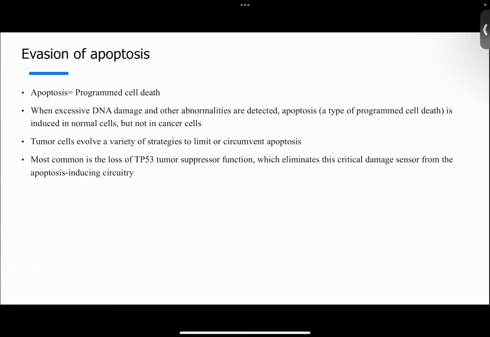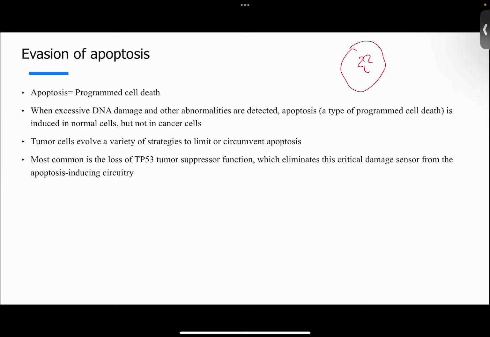Next, evasion of apoptosis. There is something called apoptosis. What is apoptosis? That is nothing but programmed cell death. When there is excessive DNA damage or any other abnormalities, apoptosis is induced in normal cells, but it is not induced in cancer cells.